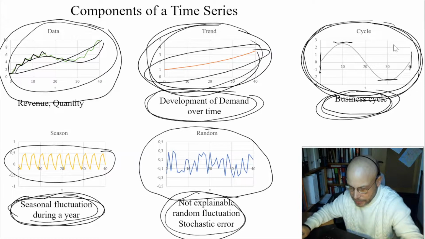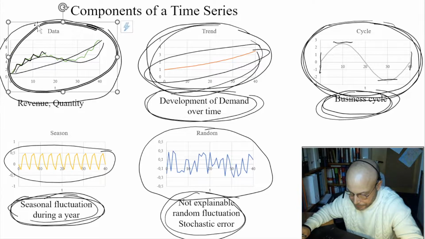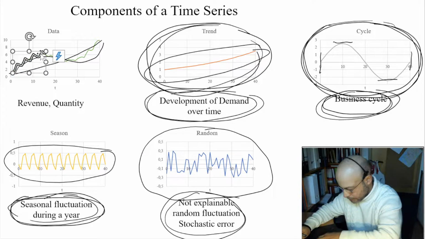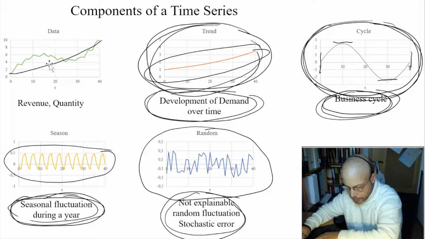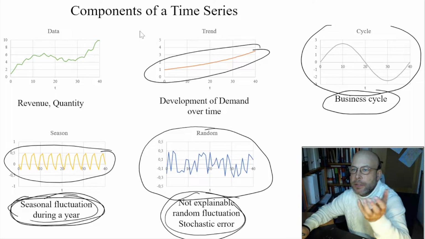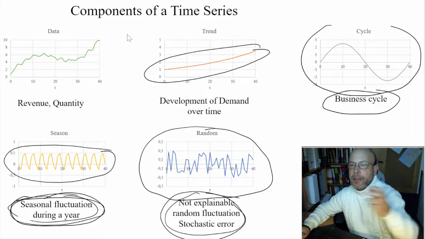If we look at this data set, I would always recommend that at first you just plot the data and look at the diagram you get out, because then sometimes you directly have some clue which kind of components you can find in the historical data.